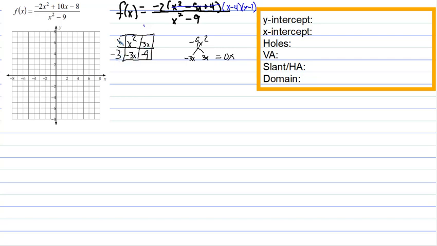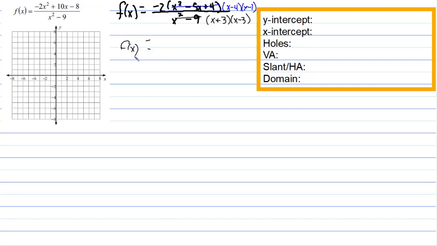So -3x, x, positive 3. And so that denominator is going to factor into x plus 3 times x minus 3. And I'm going to go ahead and rewrite that here in a second. I just knew I needed the space underneath. So let's go ahead and rewrite this.